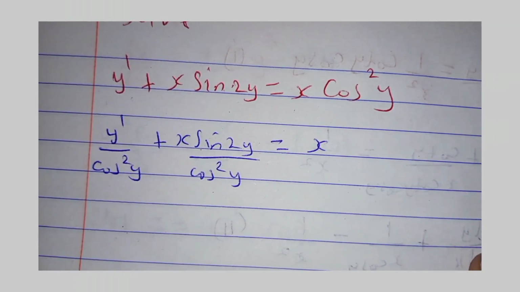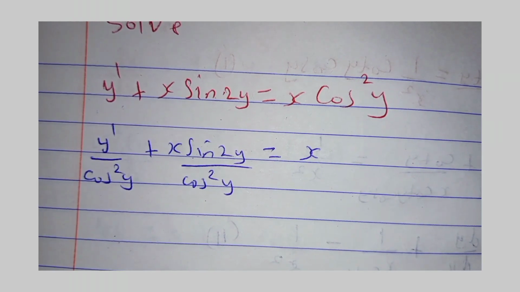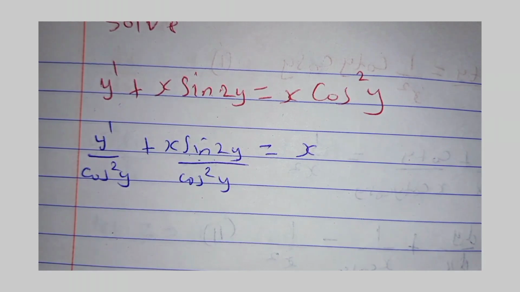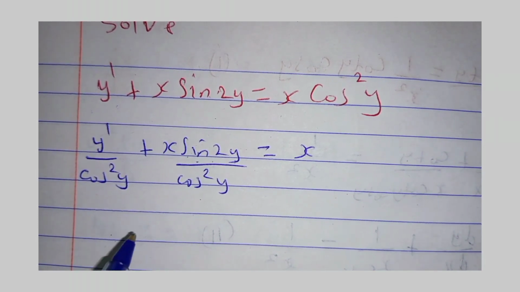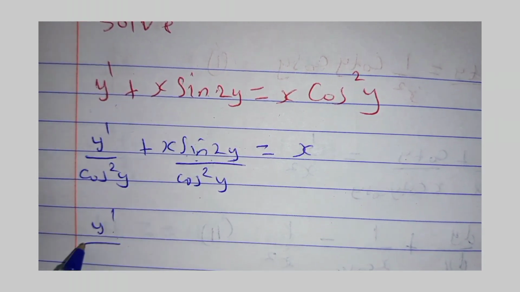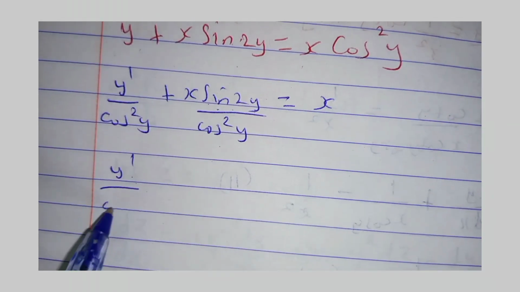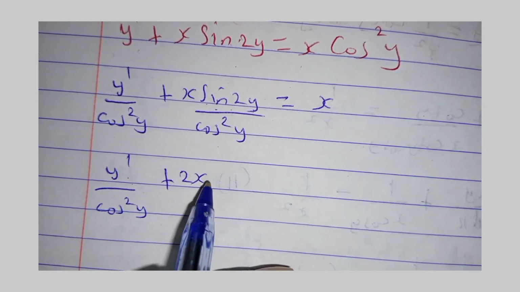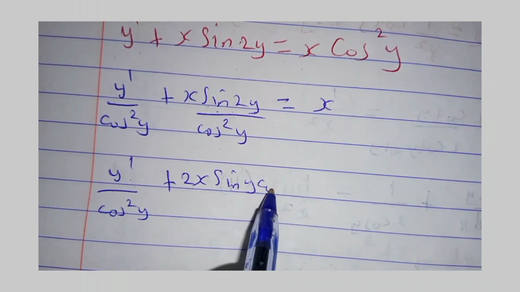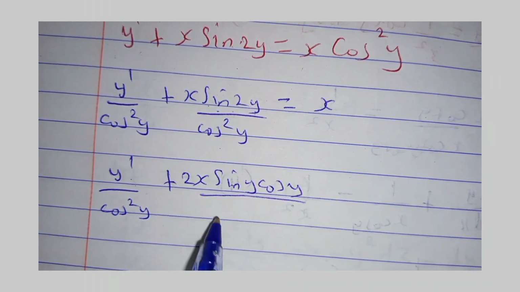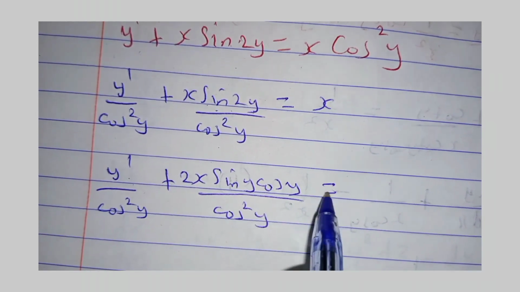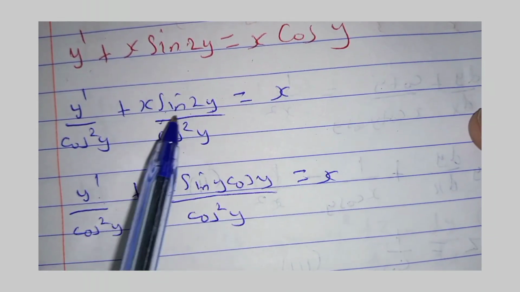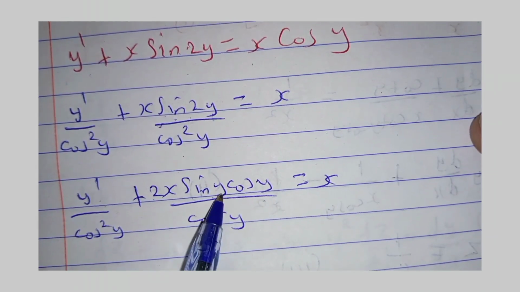So that is the first step. From there now, we rewrite sine 2y as follows. So this is y prime over cos squared of y plus 2x sine of y cos of y over cos squared y, which is equal to x. Now, sine 2y is the same as 2 sine y cos y.